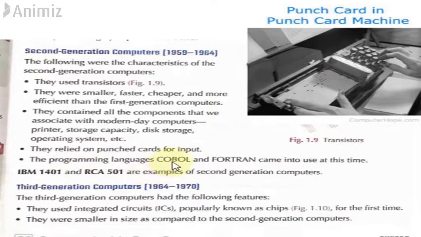The programming languages COBOL and Fortran came into use at this time. COBOL stands for Common Business Oriented Language. It was created for business use, for people who had businesses, or in government and finance companies.